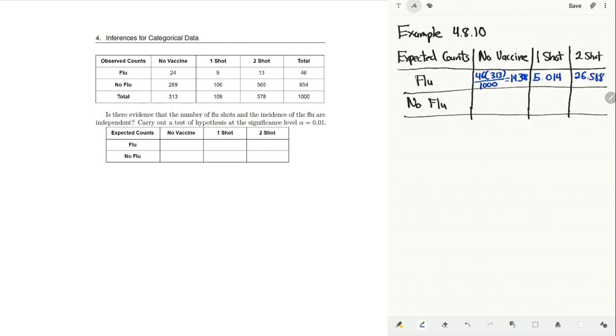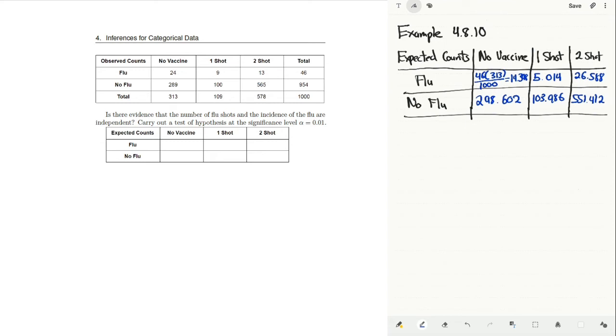The no vaccine and the no flu group has an expected count of 298.602. Then 103.986 for the 1-shot and no flu group. And lastly, we have 551.412 for the 2-shot and no vaccine group.